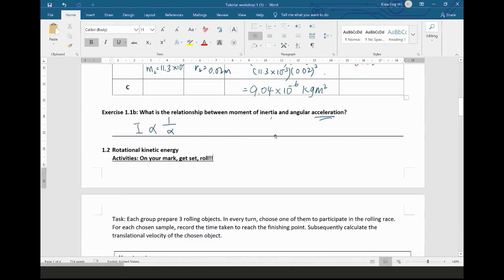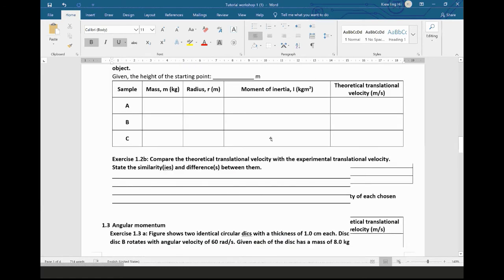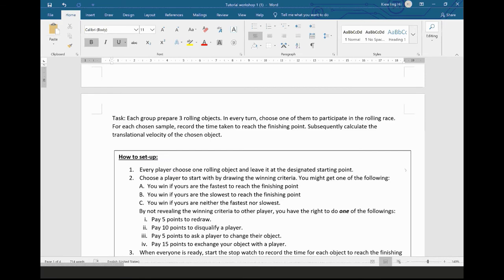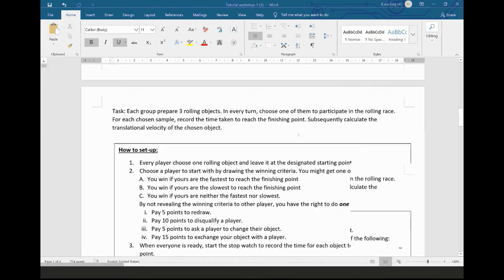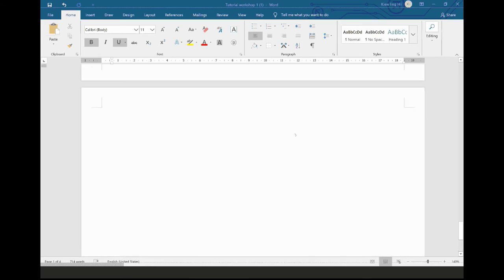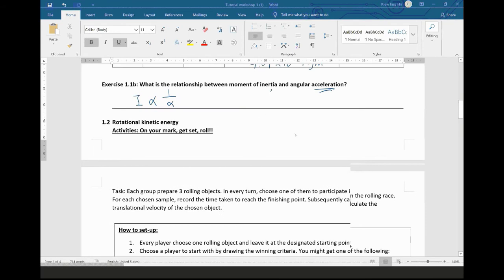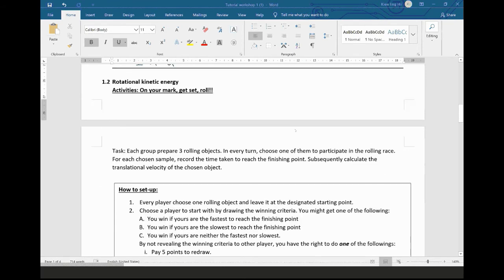Now look at this picture, the rotational kinetic energy. If we have three objects now, see if I can find my object.